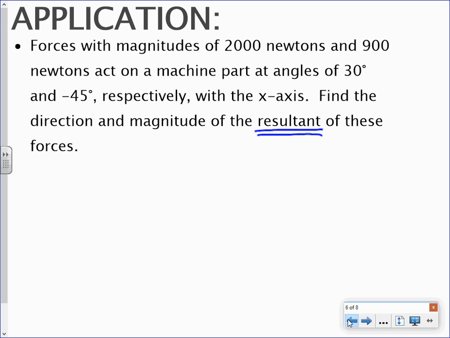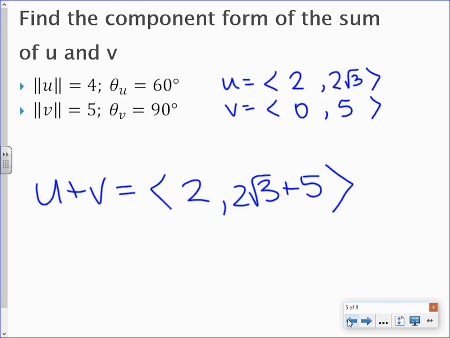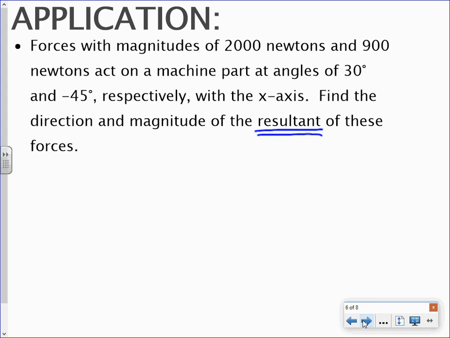Let's jump back to our simple example over here. I'll go back. We had magnitude, direction, magnitude, direction. We found the component form and then added them together. So let's do the same thing here. Let's say that vector u is the vector that has 2,000 newtons and an angle of 30 degrees.